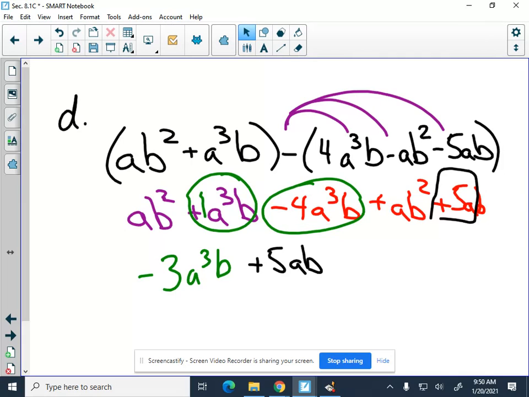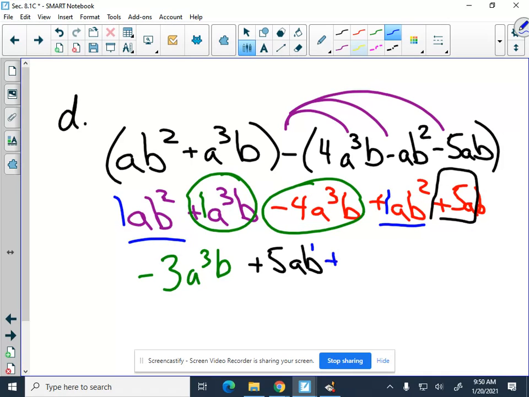Okay? So here, I have 1 with an AB squared. The B squared is a higher power because this one was B to the 1, right? So you put the second variable later then, if you have 2 variables like that. And then I have 1 AB squared. Those 2 are like terms, so 1 and 1 make 2 AB squareds.